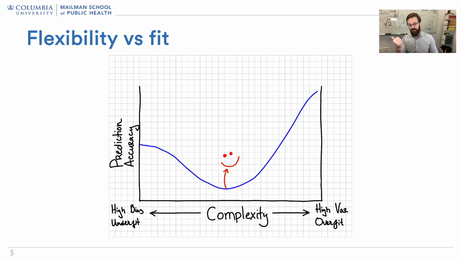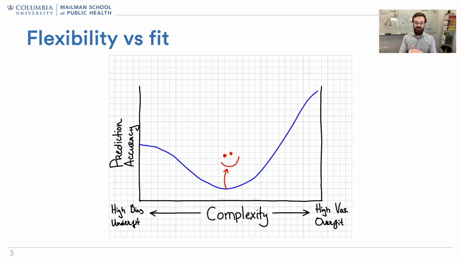And if I end up with a model on the other side where I've got too much complexity, I'm chasing things that are actually random fluctuations, I'm calling something a pattern when it really isn't, well, then I'm also going to make bad predictions because that random fluctuation isn't going to exist in a new data set. And if I can find the point right in the middle between those two things, then I'm going to balance underfitting and overfitting. I'm going to get exactly the right patterns, and I'm not going to chase any noise, and I'm going to get exactly the right model right there in the middle.